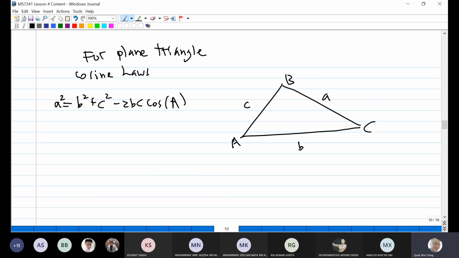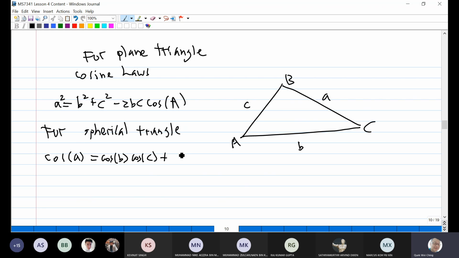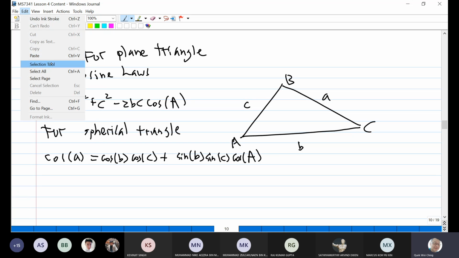For the spherical triangle, it looks very different now. You get cosine A equals cosine B cosine C plus sine B sine C cosine A. Notice the difference here.